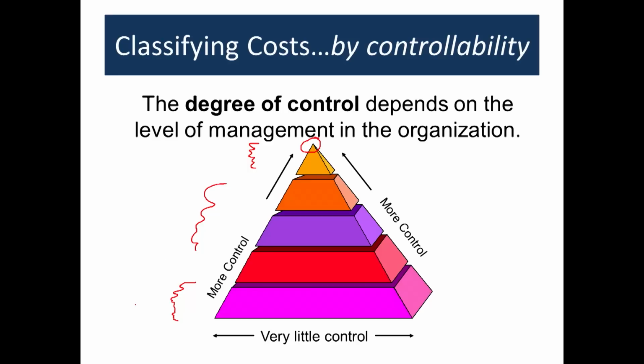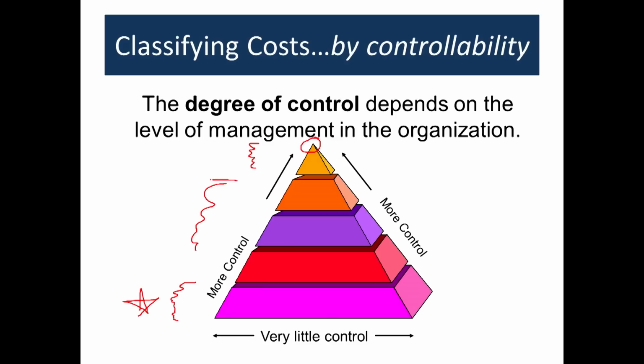If you're in an apartment and you're paying $900 a month, well, you're locked into that lease for 2 years. You don't have a lot of control over that, do you? Now, I guess you could try to break the lease, but that would be a lot bigger deal than just saying we're not going to eat out, right? So looking at this little pyramid, that would be down here. You have very little control over it, okay?